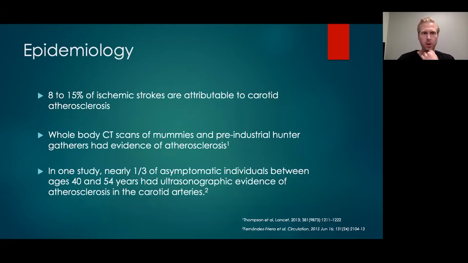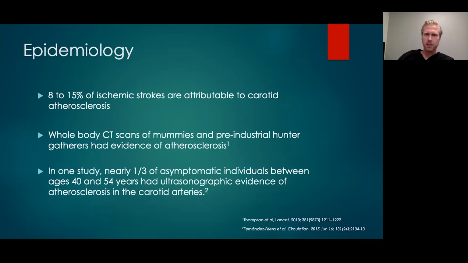All right, so what is the epidemiology of carotid stenosis? Interestingly enough, about 8 to 15% of ischemic strokes are attributed to atherosclerosis of the carotid artery. Back in Lancet in 2014, there actually is a really interesting article that showed that whole body scans of mummies and pre-industrialized hunter-gatherers with well-preserved cadavers had evidence of atherosclerosis in about 30% of the general population even back then.